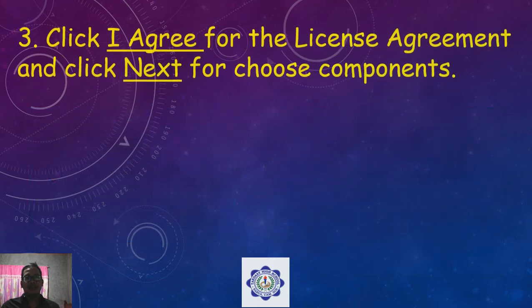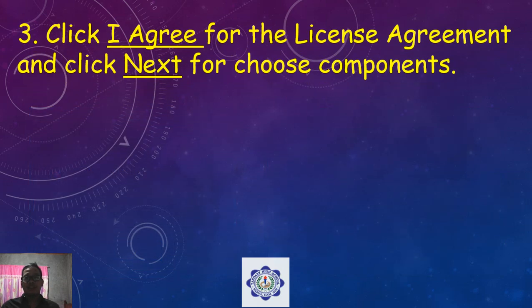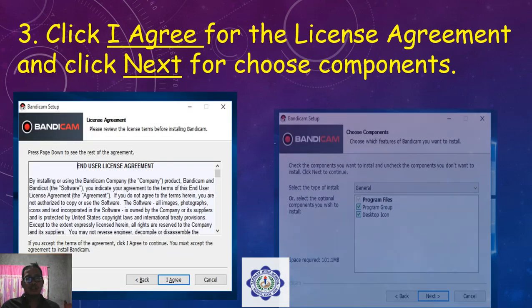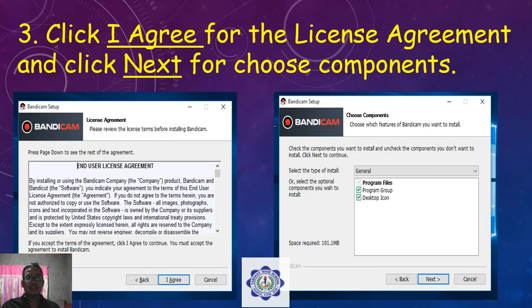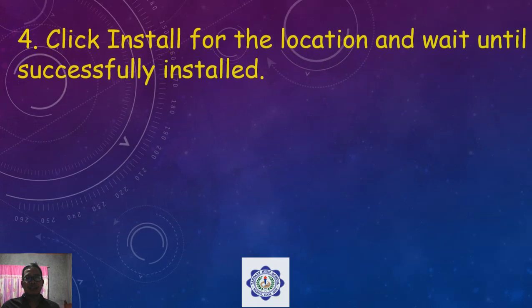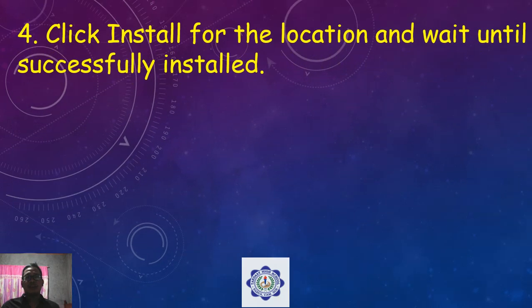Number 3, click I agree for the license agreement and click next for choose components. So we'll click the license agreement, click lang po yung I agree, and then for the choose components, click po natin yung next. And then click install for the location and wait until it is successfully installed.